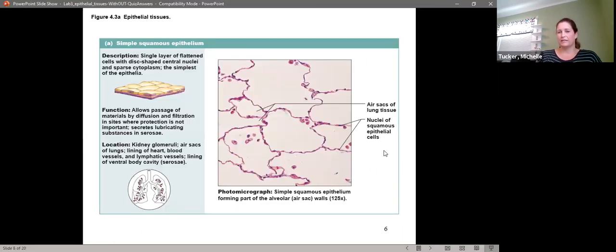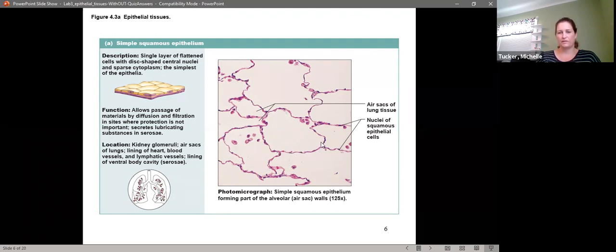When you're looking at simple squamous epithelium, this is both the basement membrane and the cells on top of it. We would need a higher magnification to be able to see each of the individual cells. But this is a nucleus, and this is a nucleus, and this is a nucleus.